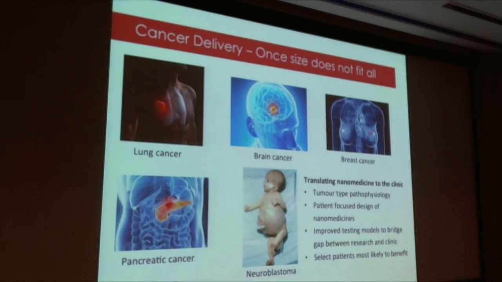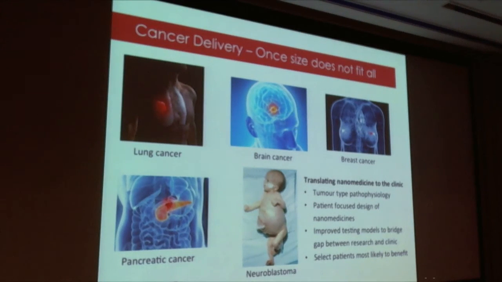So what I was trying to get across today is that for cancer delivery with nanoparticles, one size is not going to fit all. The biology of different types of tumours varies enormously. Translating nanomedicine to the clinic, we really need to understand the tumour type and pathophysiology of these tumours. Ultimately we need a patient-focused design of nanomedicines, akin to some of the targeted therapies.